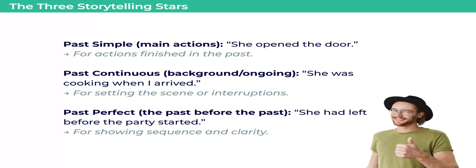So we use the past perfect for showing sequence and clarity of events in the past. She had left before the party started. So our three storytelling verb tense stars: the past simple, the past continuous, and the past perfect.